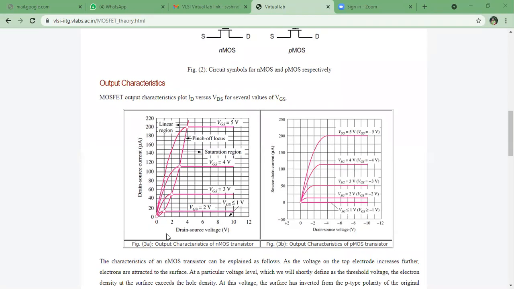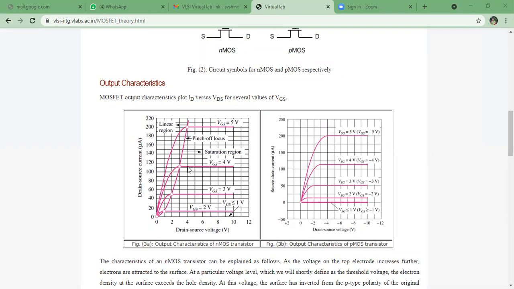In this region, as the gate to source voltage increases, the output current also increases proportionally. So the relation between voltage and current is linear. That's why this operation region is called the linear region of operation, and both are increasing in the same fashion.